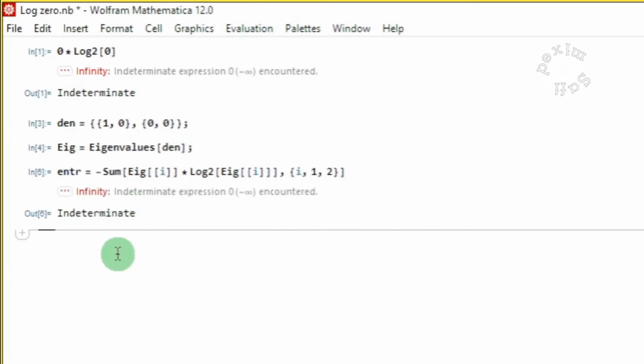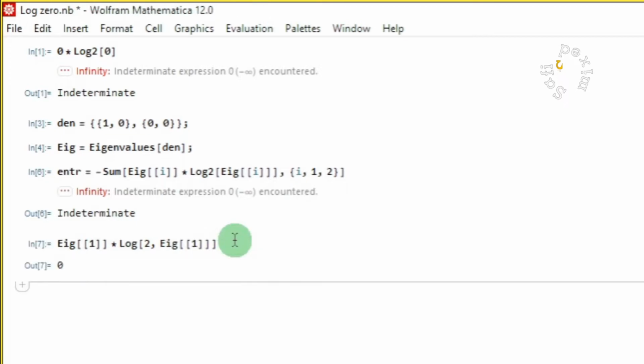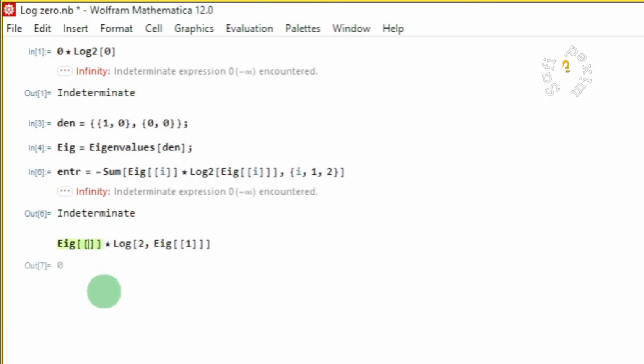In order to understand why this is so, let us find each term inside this sum one by one. Here I first find the first term with the first eigenvalue, which equals 1, and the result of this would be equal to 0. And if I replace the 1 inside the argument of this extraction command with 2, and similarly this extraction command with 2, now I'm finding the log to the base 2.